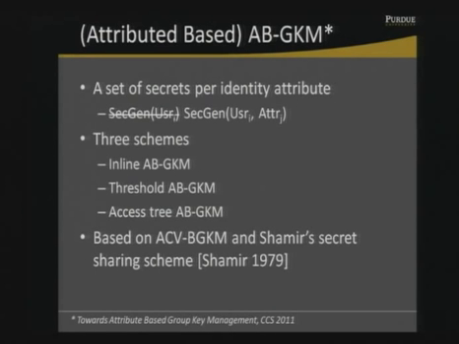So from the user's point of view, the only change that we make to the algorithm is, instead of issuing a set of secrets to each identity, we issue a set of secrets to each attribute. And in our paper, we discuss three variations of this attribute-based GKM. In this talk, I'll limit myself to the third scheme, which I like most.